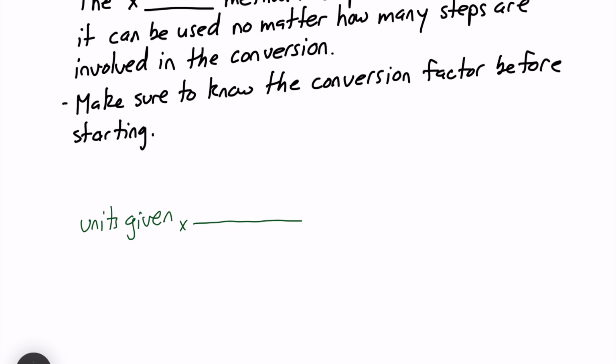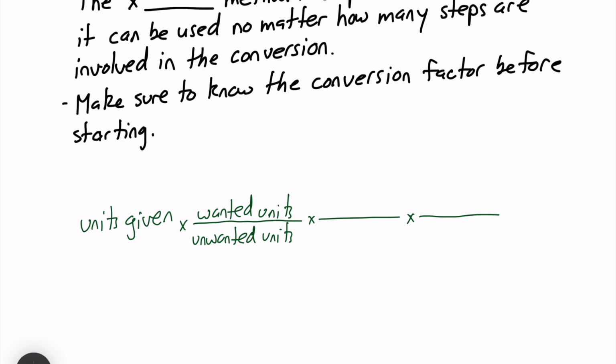So on the top is always our wanted units, and on the bottom are the units that we're getting rid of. Okay, so unwanted units. And again, this can be repeated over and over and over again until you get your desired units. But I just wanted to talk about the structure quickly.